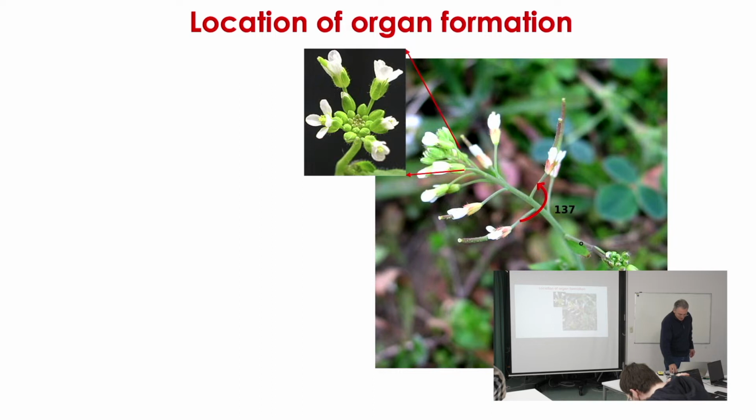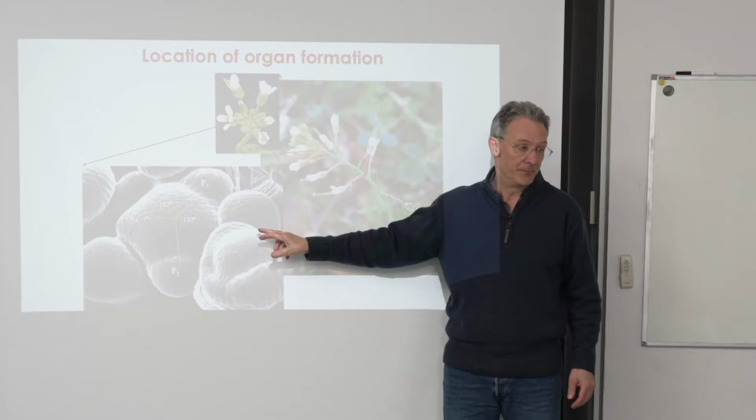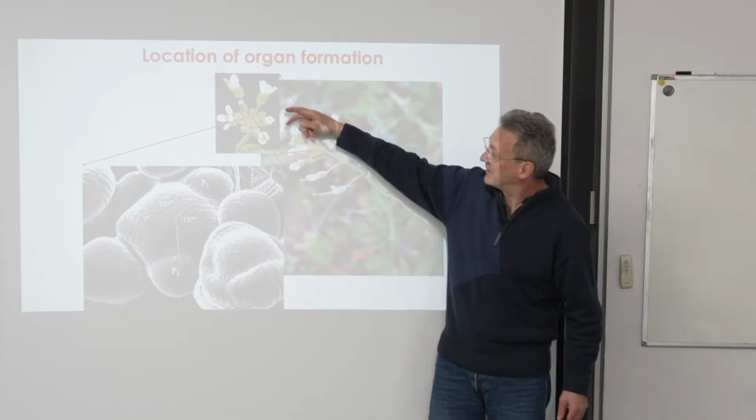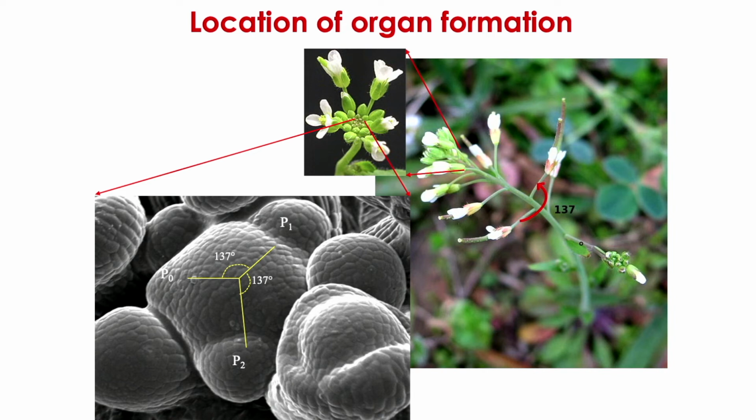And if you go even deeper into the structure, what you see is that the population of cells that I was referring to just before is here, at the very center of this crowded area. And you see the young organs that are being created by the meristem.